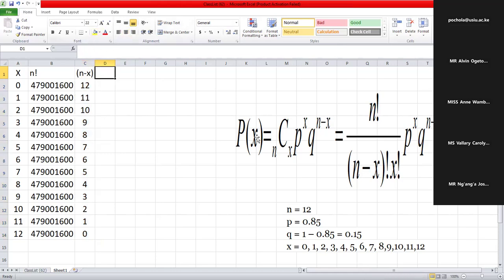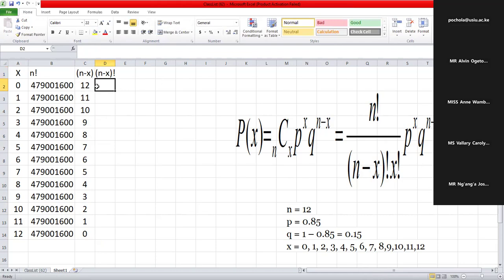Then the next, therefore, is n minus x factorial. Which of course we know is again fact.